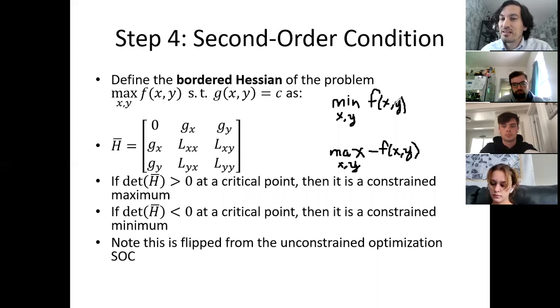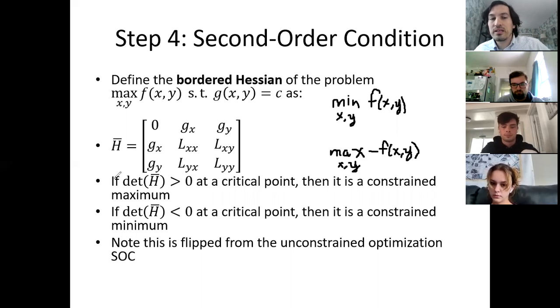Well, if f is convex, then negative f is concave. They have this nice property too. So even those second order conditions and everything else will still apply if you make this flip. And of course, it's totally up to you. What problem would you like to solve, the one on top or the one on bottom? Either one, you'll get the right answer.